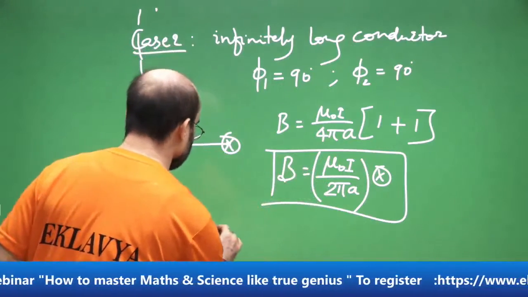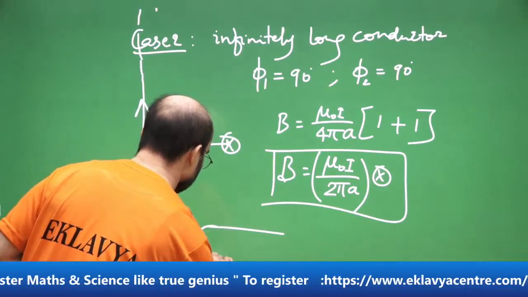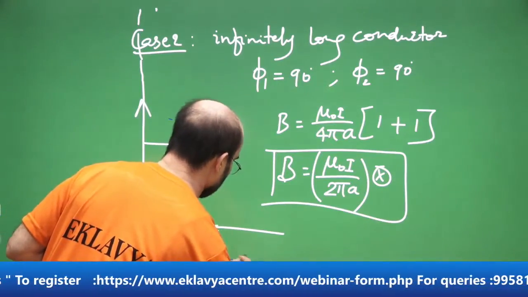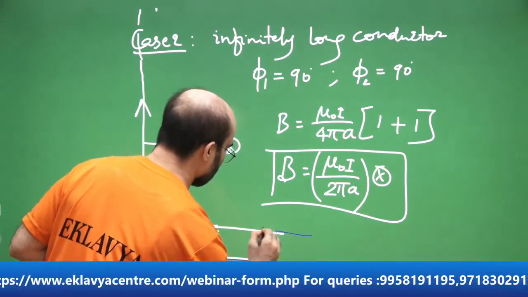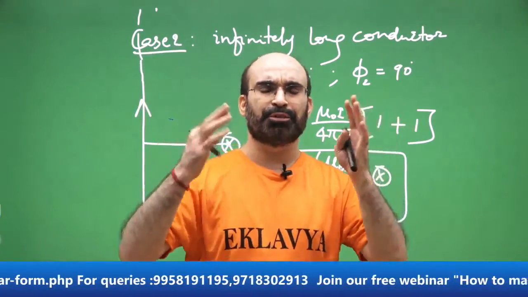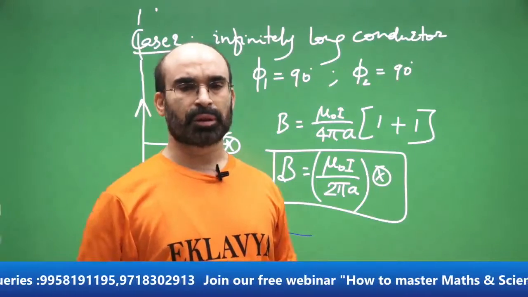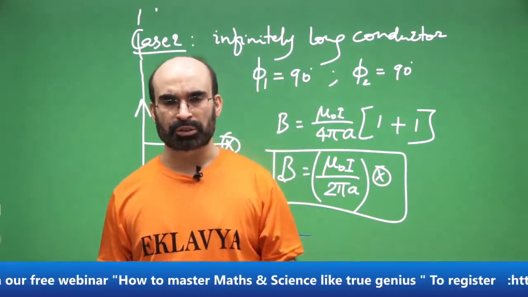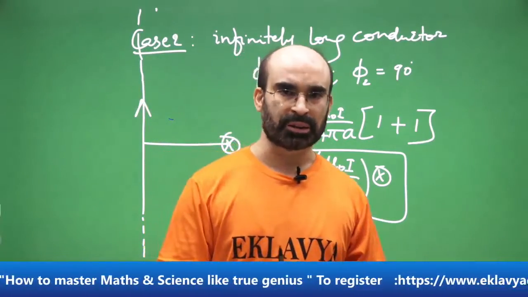At times a semicircular arc is there, and then this is endless. Current is flowing in this manner. So various different numericals are asked in JEE, in NEET, in boards. So we have to practice those questions.